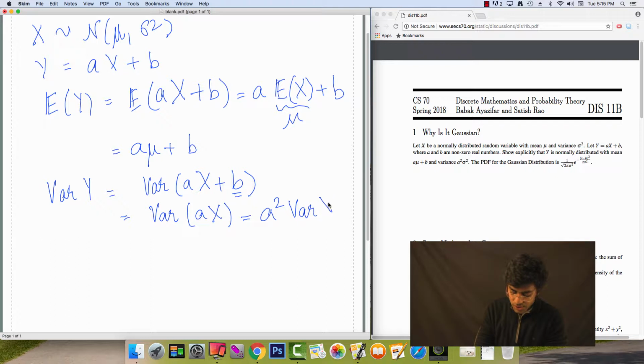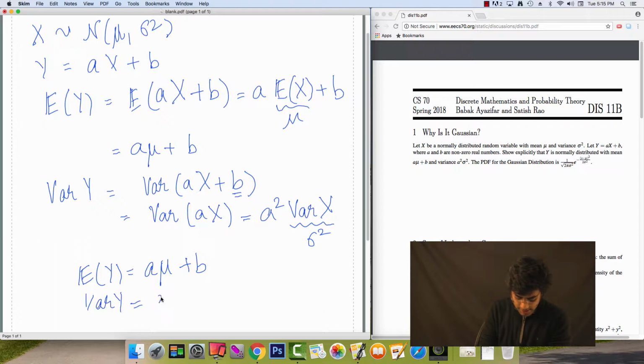So this is a squared times the variance of X. And we know that the variance of X is sigma squared. So first we conclude that E of Y is a times E of X plus b, and the variance of Y is a squared sigma squared.